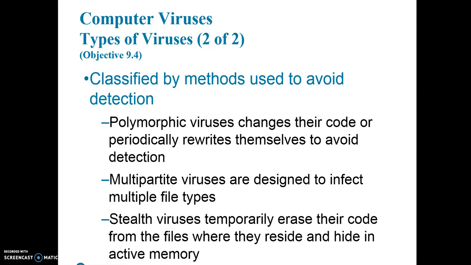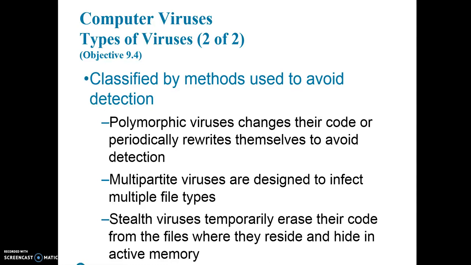Stealth viruses temporarily erase their code from the files where they reside, and they go and hide in your RAM, in your active memory. Therefore, again, they avoid detection by antivirus software.